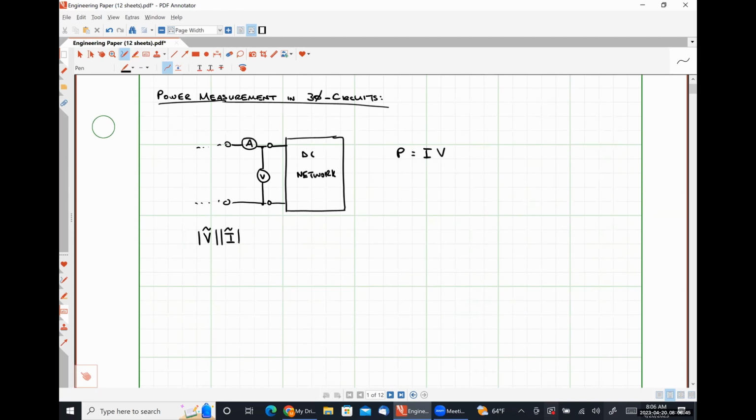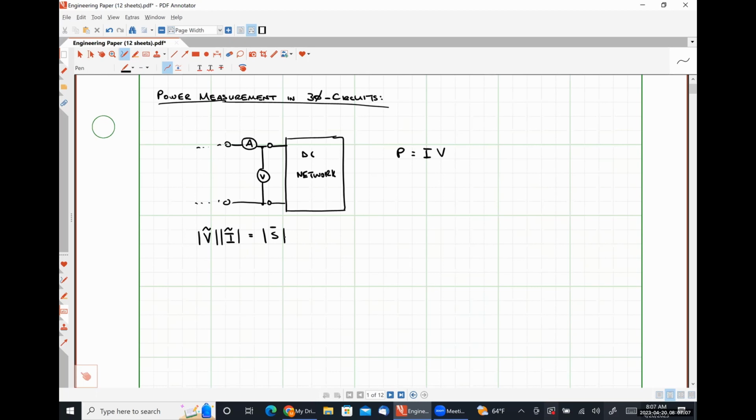Apparent power. Absolutely right. That is the magnitude of the complex power, or the apparent power, okay? Which is very much not the average power, okay? So in an AC circuit, we need to use a specialized piece of equipment, which is called the wattmeter, okay?